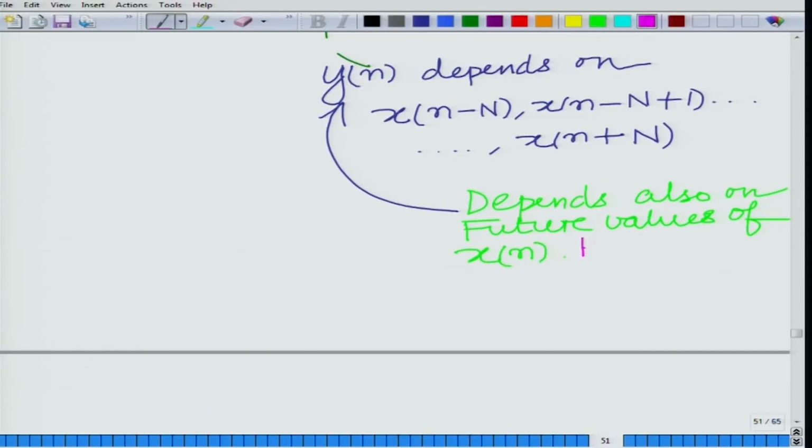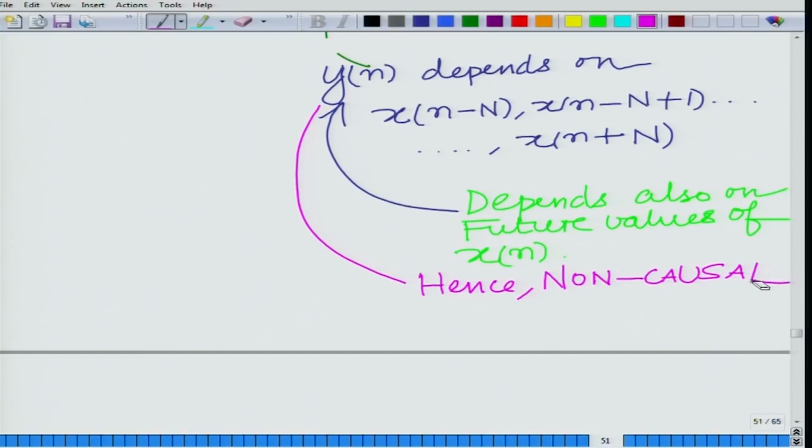Hence this is non-causal. Since the output depends not only on the past values but also on the future values of x[n], this is an example of a non-causal system.